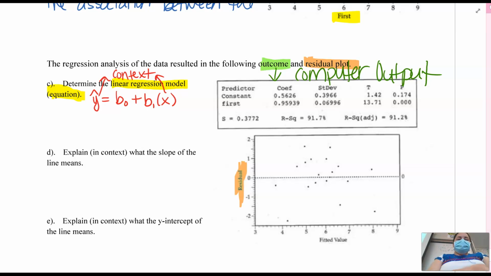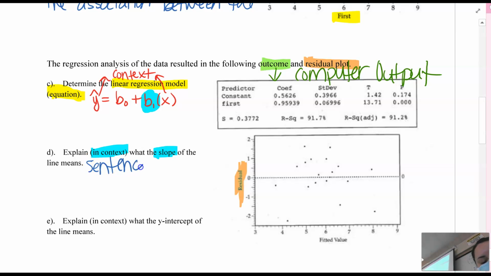Then in part D, it says to explain in context what the slope is. So the slope is the B1 value. So you have to use the sentence frame to explain the slope in context, and make sure you have units. So what are my units for this example? Is it inches?